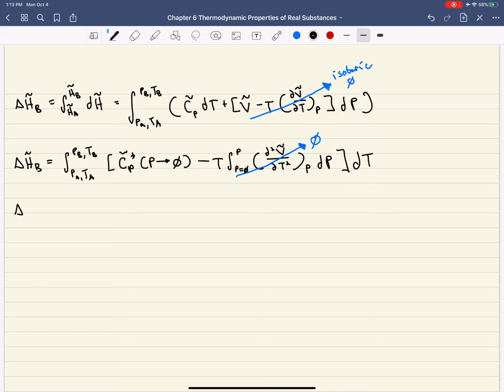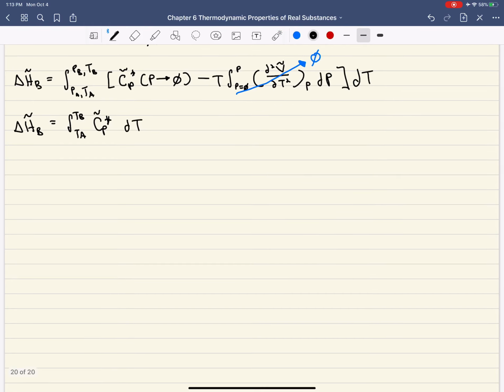And so what we're left with is that our delta HB is just the integral of the ideal gas heat capacity with respect to temperature. Alright, so here we're only dealing with the ideal gas heat capacity. You don't need to worry about this kind of nasty pressure dependence for the heat capacity. Okay? Alright, so that was delta HB.